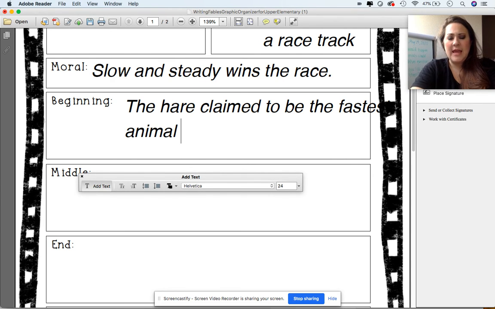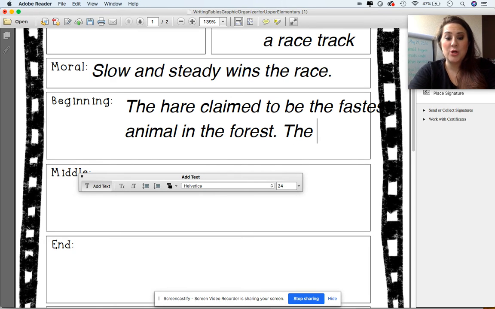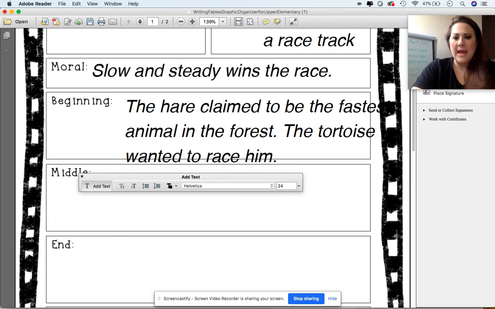Fastest animal in the forest. The tortoise wanted to race him. Okay, so I'm not writing the whole story there, but I'm giving a good idea of what the direction is that I want my fable to go in.